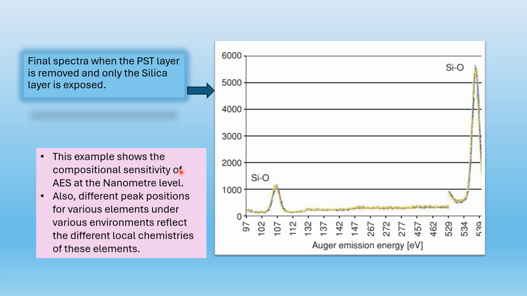So this gives a very good example of how this can be used at nanometer level for compositional sensitivity, and also different peak positions for various elements having different environments can be captured very easily. Like we have seen in this, the oxygen peak can be captured very easily in a different environment.